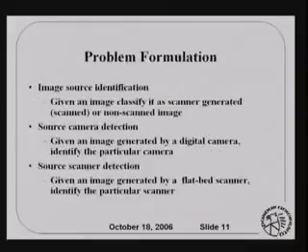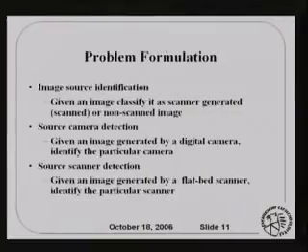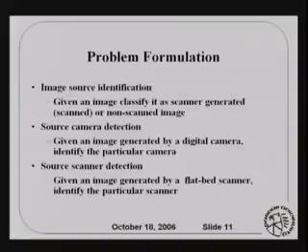These are the 3 main problems which our research is focusing on. First of all, we wish to know the source of the image, that is image source identification. That is to say, we have an image and we wish to know whether it's a scanned image, scanner generated, or a non-scanned image. Then we have the second problem, source camera identification.